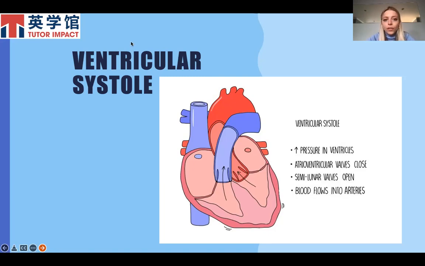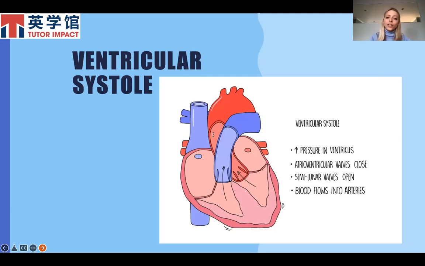Now, if it wasn't for the valves, which stop blood going back into the atria at this stage, the blood would probably go back into the atria. But because the atrioventricular valves are closed due to the pressure change, this forces the semilunar valves to open. So the pressure in the ventricles is higher compared to the atria.